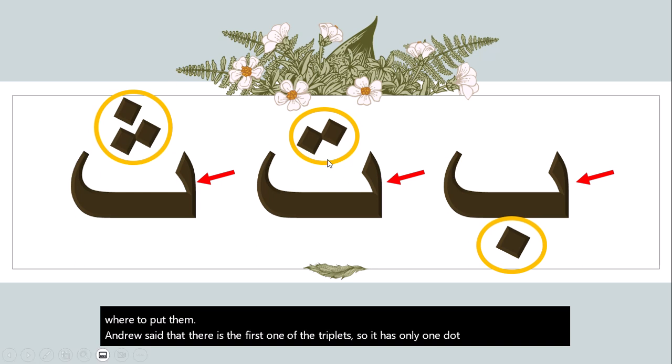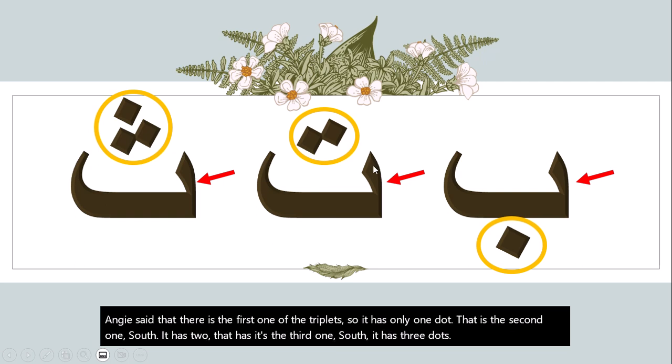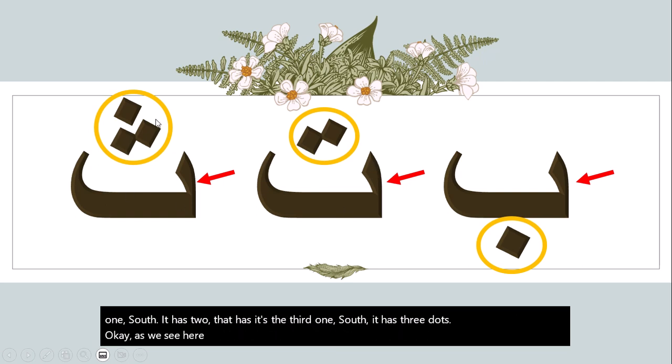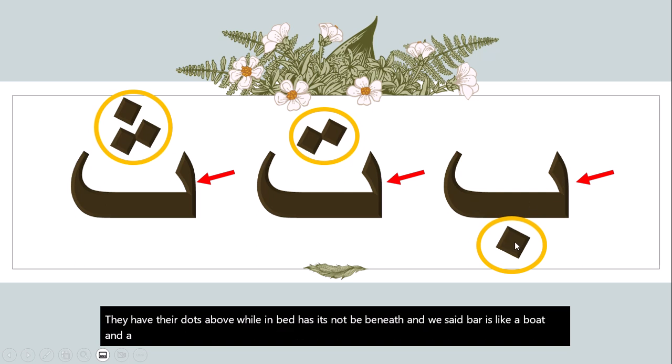Ta is the second one, so it has two. Tha is the third one, so it has three dots. As we see here, ta and tha have their dots above, while ba has its dot beneath. And we said ba is like a boat and a paddle in the water.